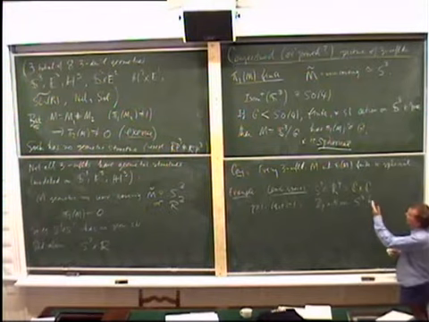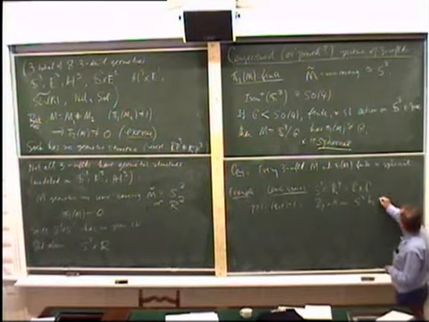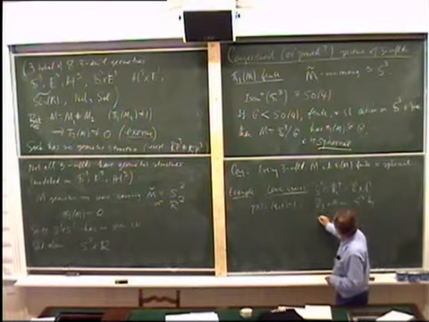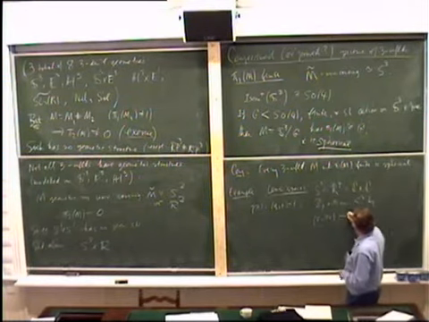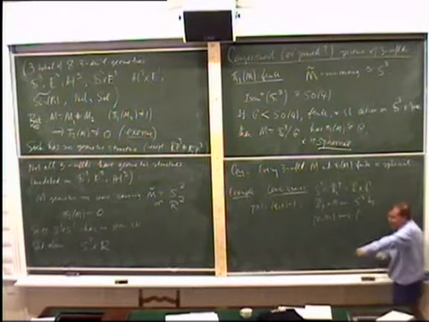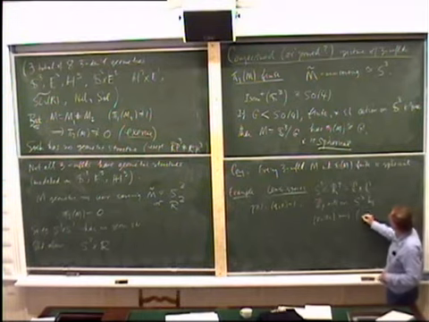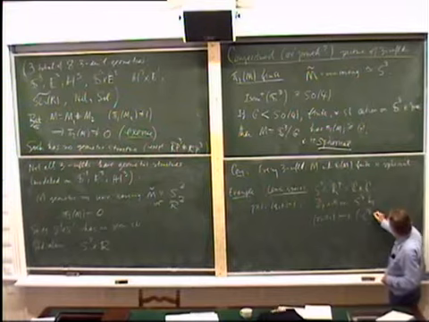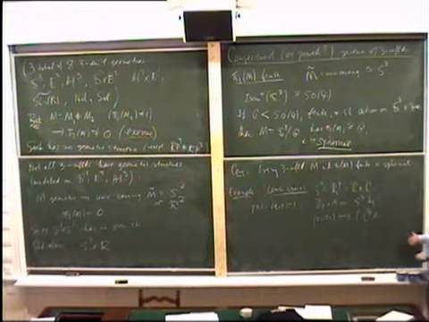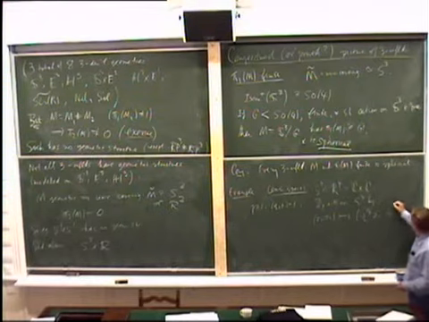It acts as an element of SO4 just by (z1, z2) goes to, so I'm going to rotate one of these through 2 pi over p, and then let's rotate the other direction through 2 pi q over p. So e to the 2 pi i q over p.